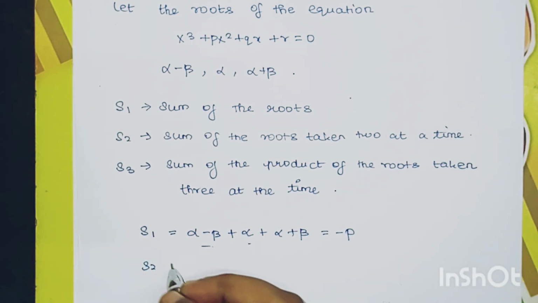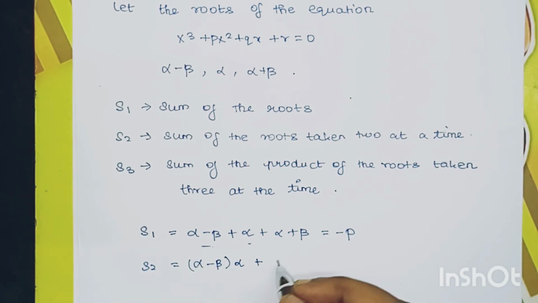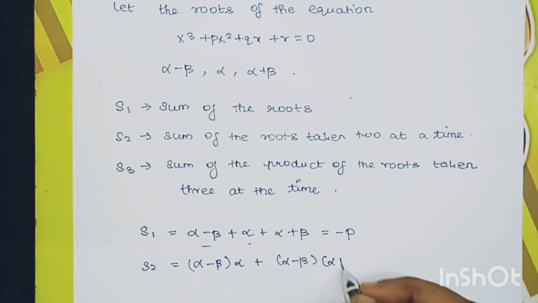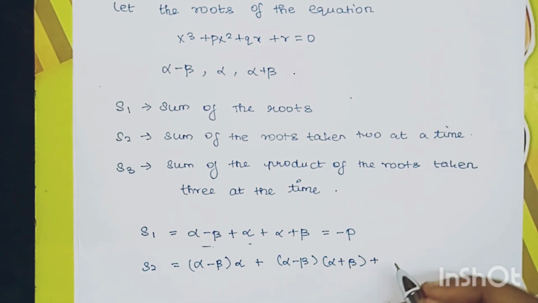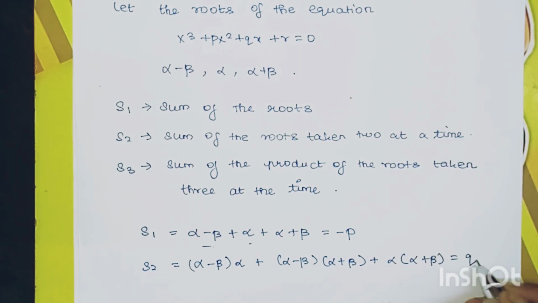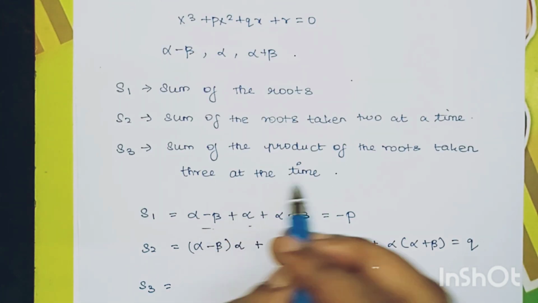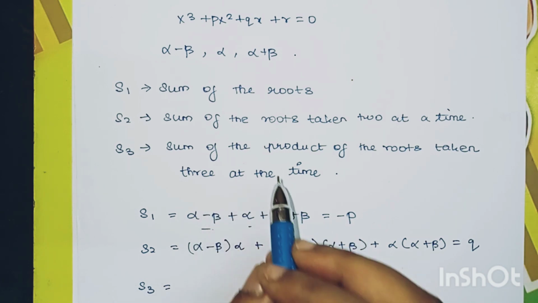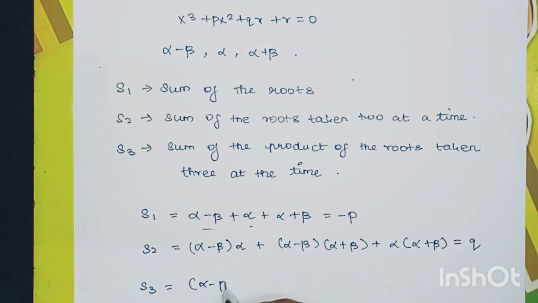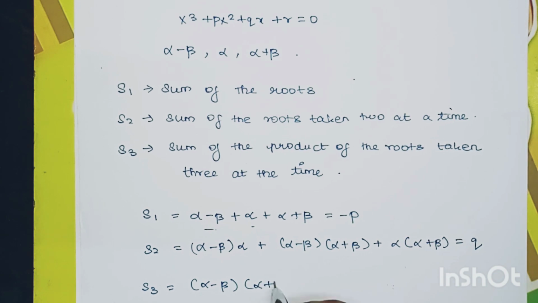Next S2, the sum of the products of the roots taken 2 at a time, that is alpha minus beta into alpha, plus alpha minus beta into alpha plus beta, plus alpha into alpha plus beta, that is equal to q. Last S3, the product of the roots taken 3 at a time: alpha minus beta into alpha plus beta into alpha, that is equal to minus r.